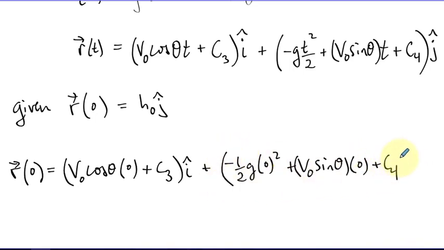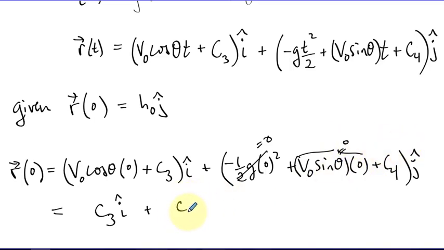All of this belongs in the j component. So this means we've got c3 i plus, now that's 0, and because this is 0, all of this equates to 0, and we just get this constant number 4 on the j component.